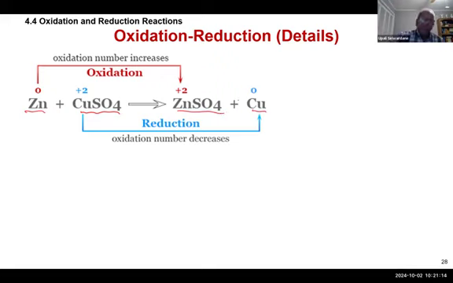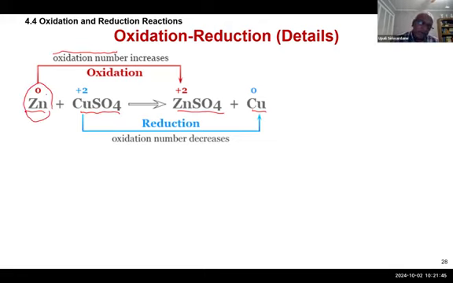Let's look at this in a little more detail before we separate out this redox reaction into half reactions or electrodes. The oxidation number of a metal atom, for example zinc, is 0.